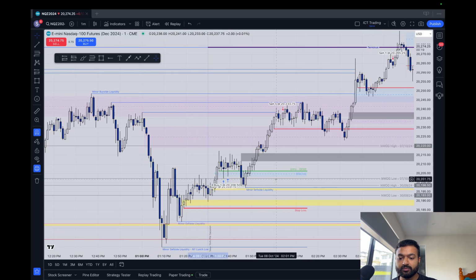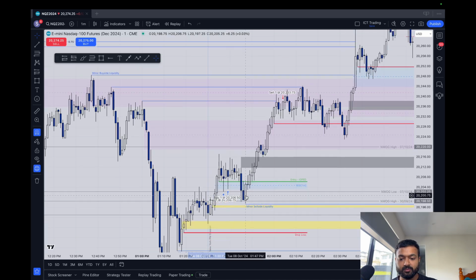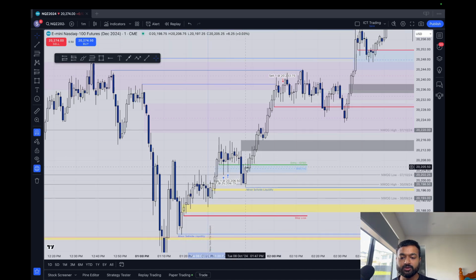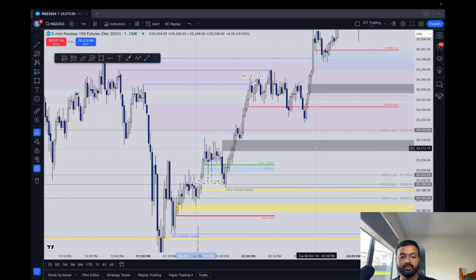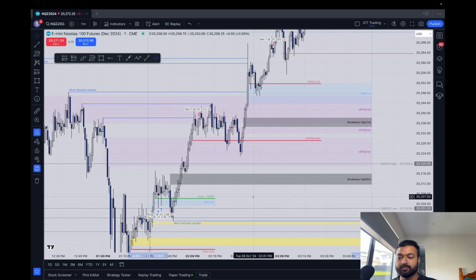So once price dropped here, I did think it would reverse, but then we started slowly going back up, and then I noted that this is basically an inversion fair value gap, but because there were no wicks, it can count, but I'm not too sure on that one. So that's an inversion that we went down and then back, and that created an order block and a breakaway gap on the 5-minute chart.